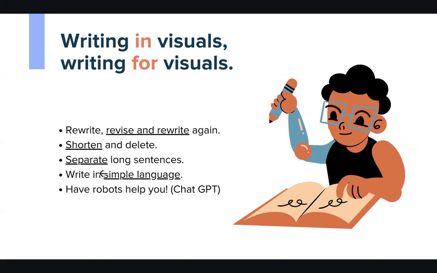You're supposed to shorten and delete a lot, which is sometimes very hard, especially if you have a 3-page project description and you're not sure what to kick out, or which sentences to separate into shorter ones to make it more understandable. Writing in simple, plain language gives you a much better chance to get understood.